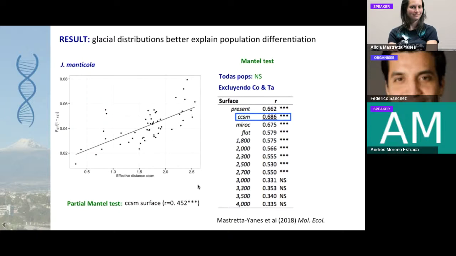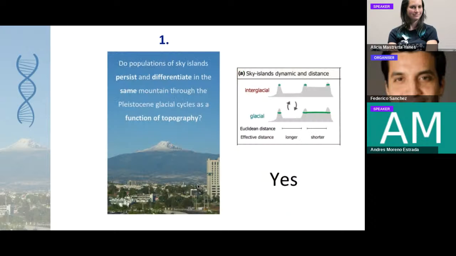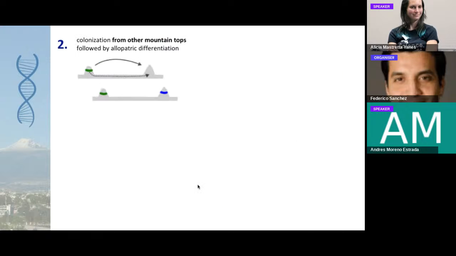We found the same for Juniperus monticola, because one of the models of the climate of the glacial era better explains its genetic differentiation. So first question, the answer is yes. Populations persist and differentiate in the same mountain, and this is a function of topography.